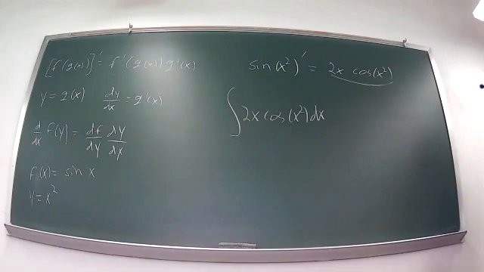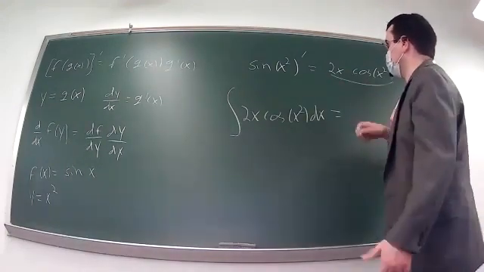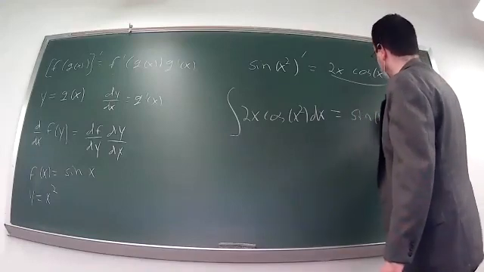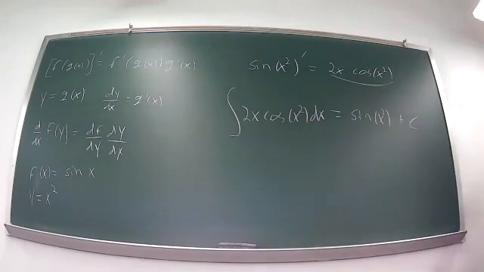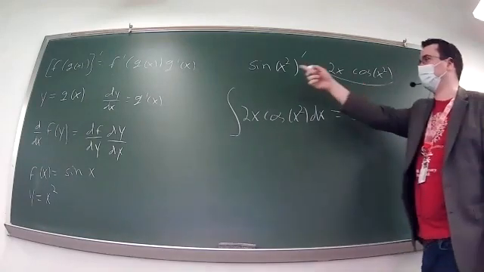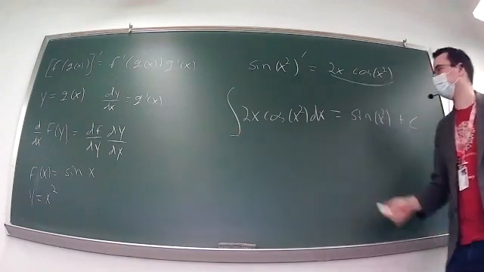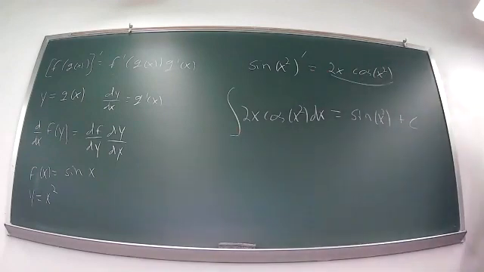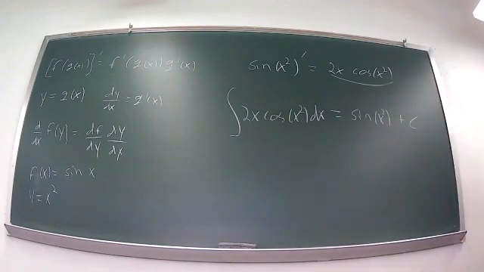Well, from what's written here, you know that the answer is sine of x squared plus c. But you're not always going to be given a problem where all of this is already worked out in advance. Like you might have just been given this. And then your question is, how can I calculate the antiderivative in a systematic way?